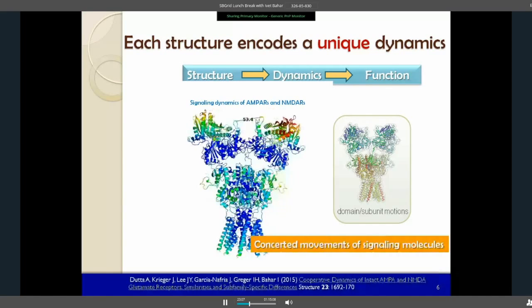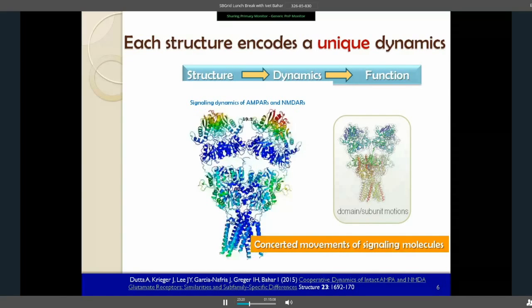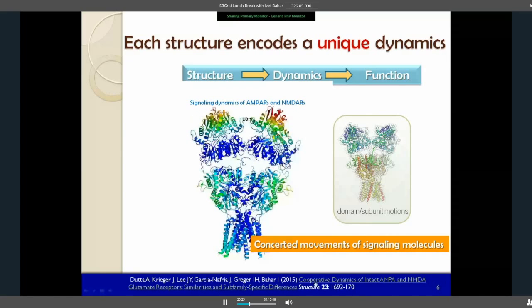And it was experimentally indeed verified. But not only that, the experiments also showed that lacking these types of movements impaired the signaling properties of the AMPA receptor in a study that has been recently published.